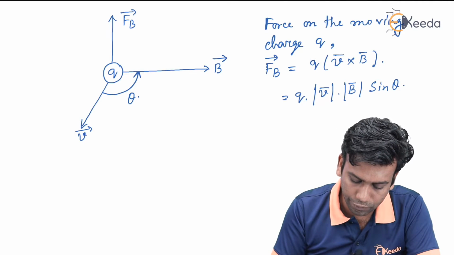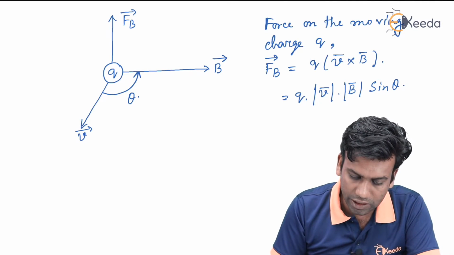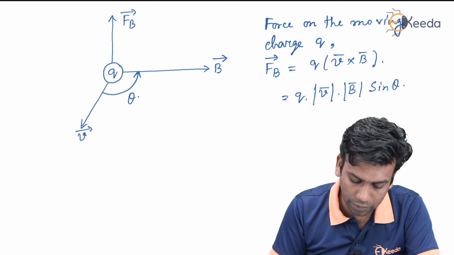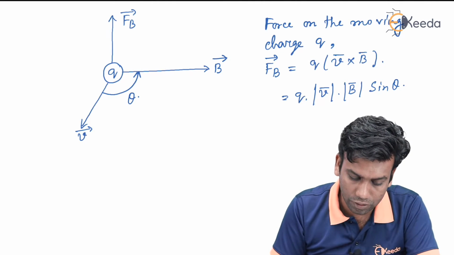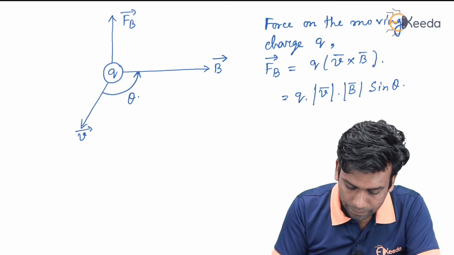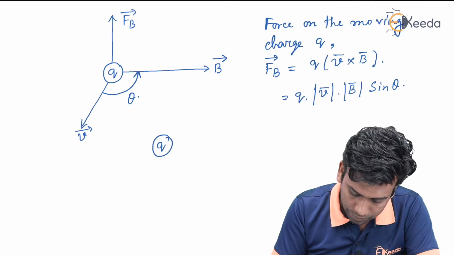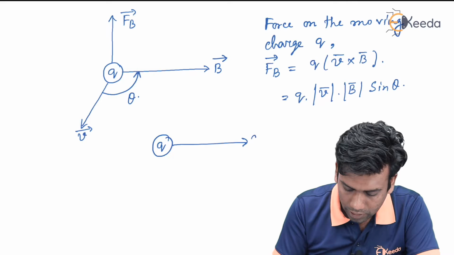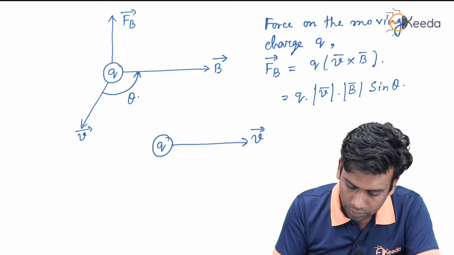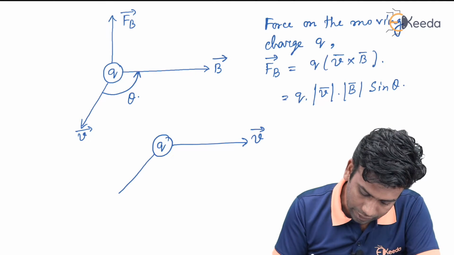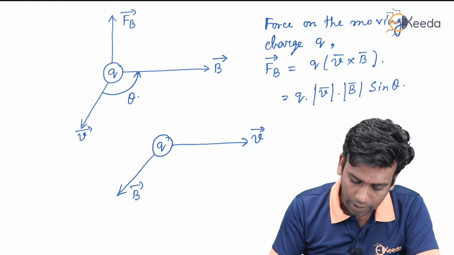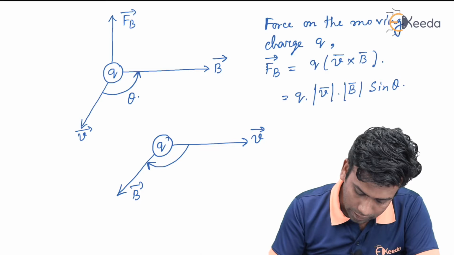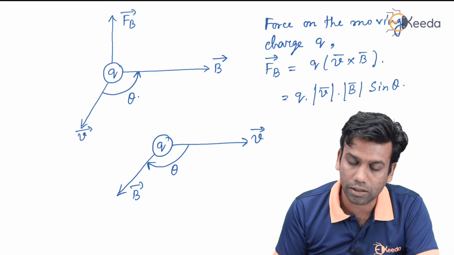Before that, if I change the direction of velocity and magnetic field in this fashion, so that the plus q charge is moving in this direction and the magnetic field is present in this direction, and here the theta is in the clockwise direction.